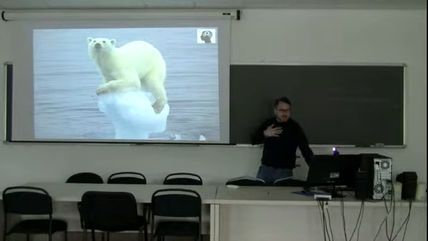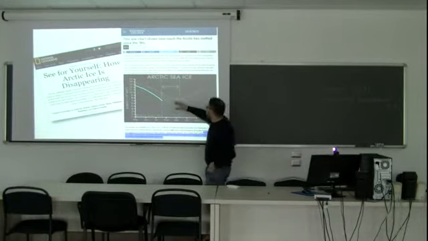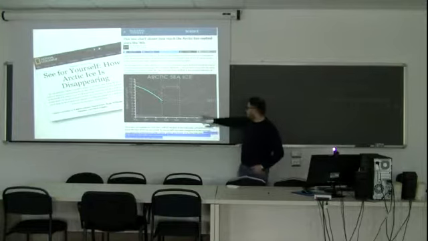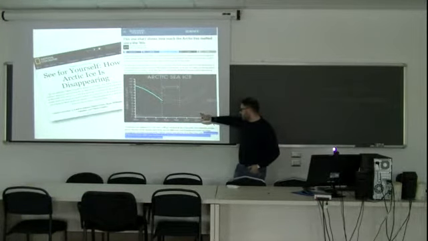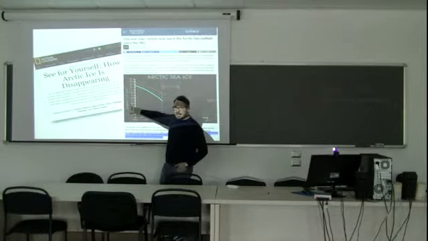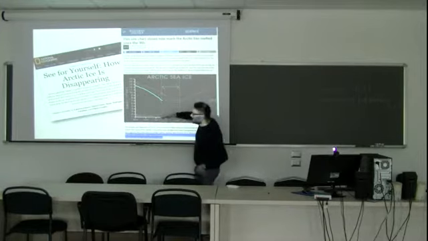Another problem is the ice melting. We can see a graphic in which, with different colors, the years 1980, 1990, 2000 are reported, and we look at the extent of the Arctic ice surface, which is decreasing.